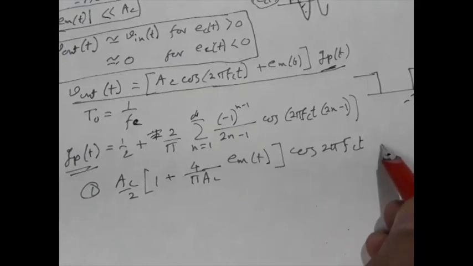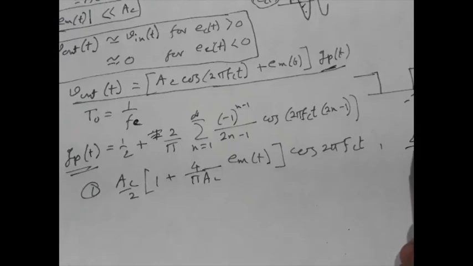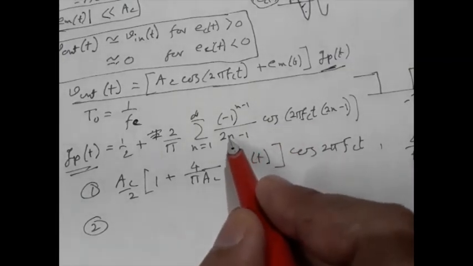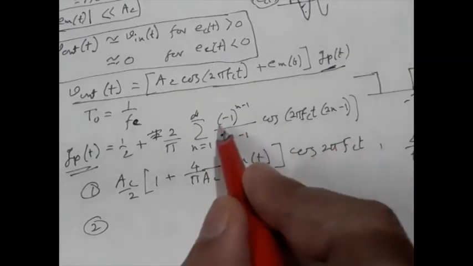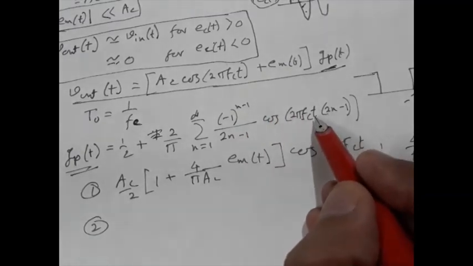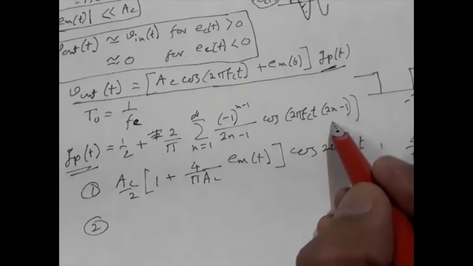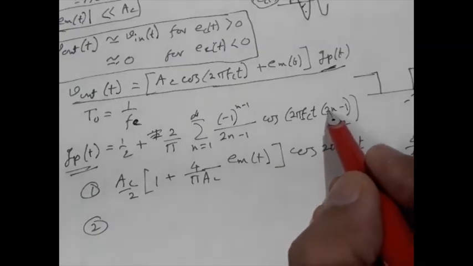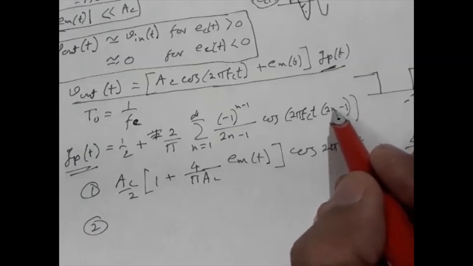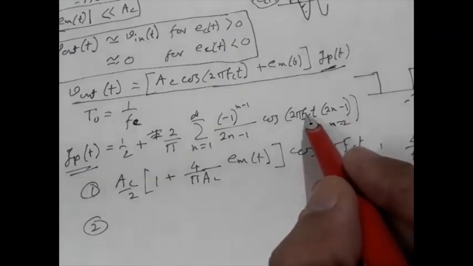with amplitude sensitivity 4 by pi Ac. There is another component, rather there are other components. If we put n equal to 2, 3, 4, etc., you will see the corresponding frequencies. For n equal to 2, it becomes 3 fc, since 2 into 2 minus 1 gives 3 fc.